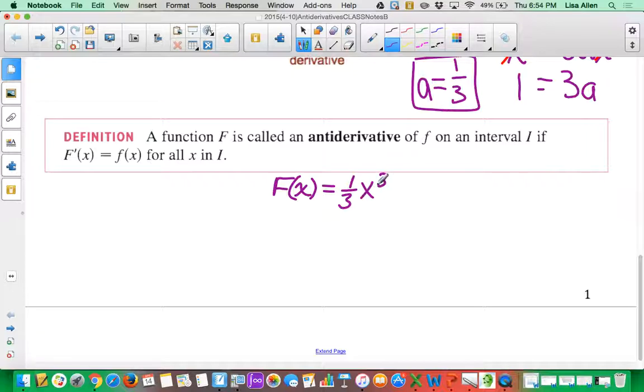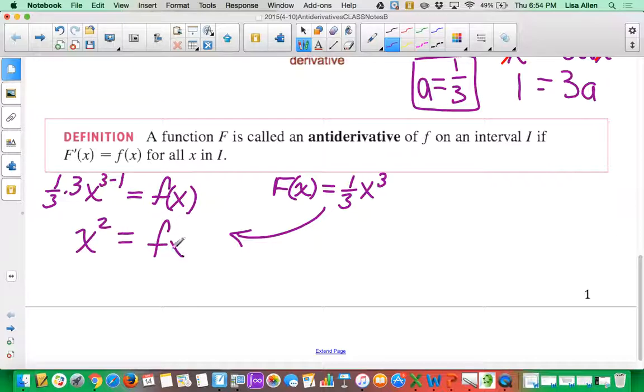So if I look at F prime, that would mean that 1/3 times 3x to the 3 minus 1 power would be equal to lowercase f of x. So this is just going to be x squared, equal to our function. So capital F prime of x is equal to f of x for all x in the interval I. Now we'll have a few more of these, but let's progress.